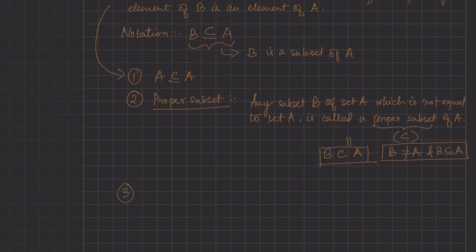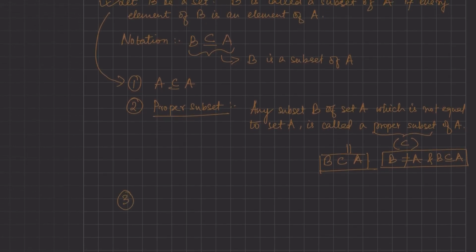Now there is a third statement that we can derive from the definition of subset, that if A is a subset of B and B is a subset of A, then A is equal to the set B. Let's break this particular statement down.